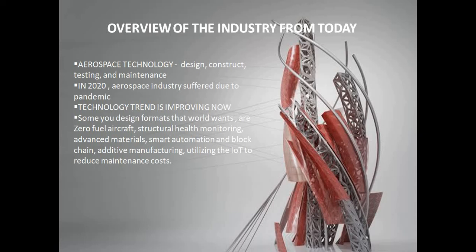Over this you can get some idea how our industry is progressing. The main thing we need to take care of is the maintenance cost, so we need to reduce it.